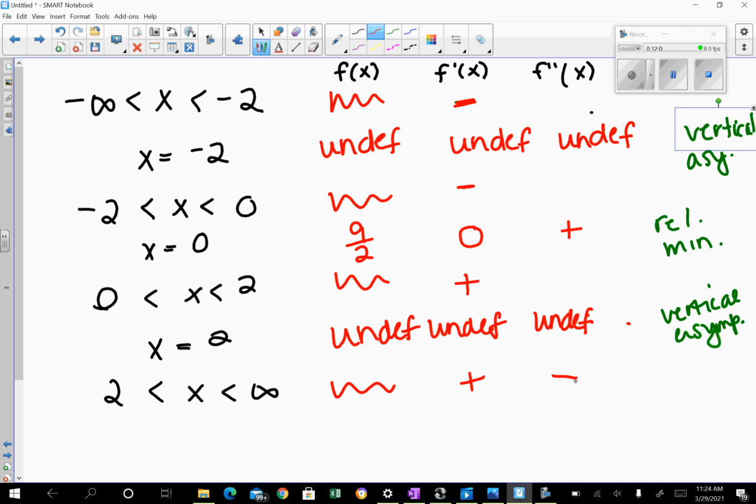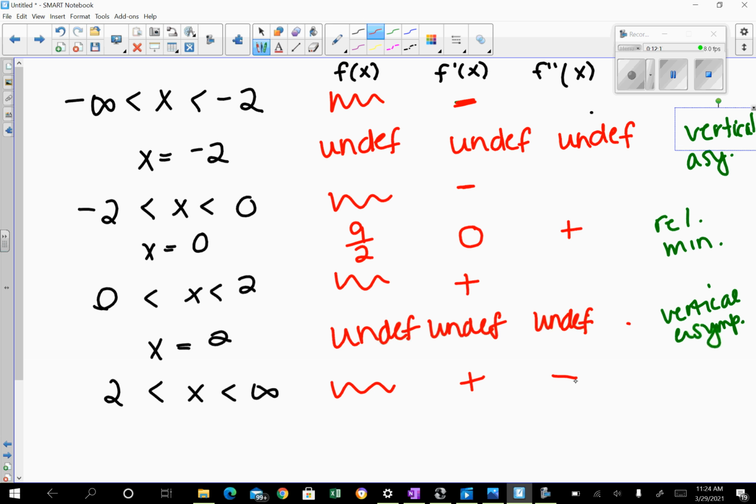So I would suggest that you look at this page while I graph it, because we're going to utilize this. The second derivative is negative during that interval, positive during that interval, positive at that interval, negative there.